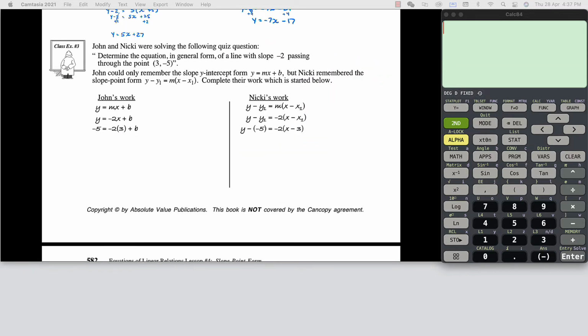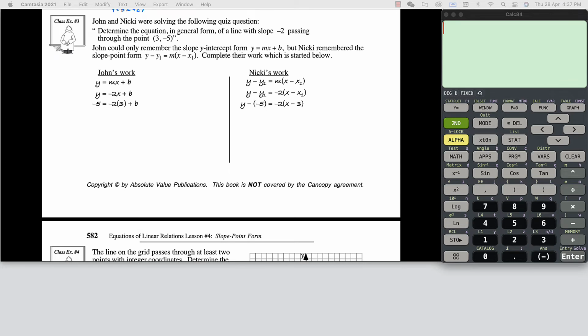Okay, taking a look at class example number 3, we've got 2 students solving a question on a quiz, and they're asked to determine the equation and put it into general form. What do we know? It has a slope of -2, and it passes through a point of (3, -5).